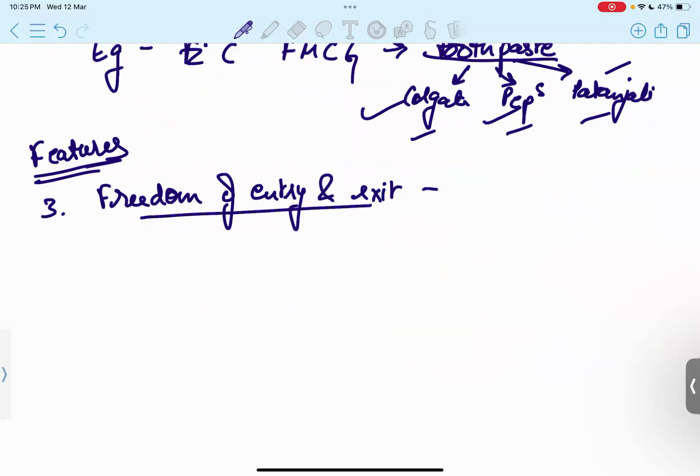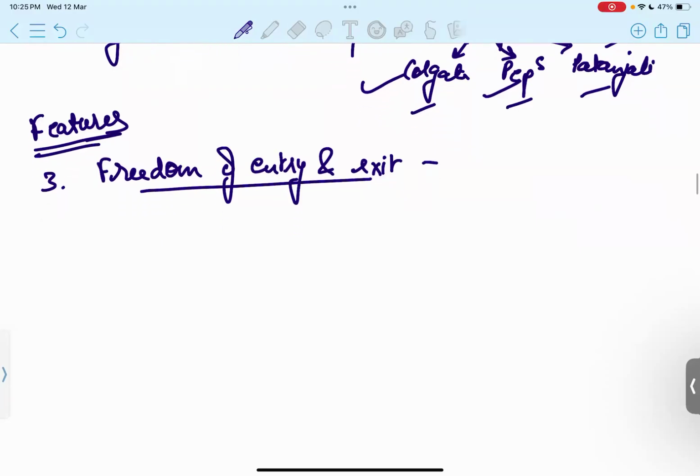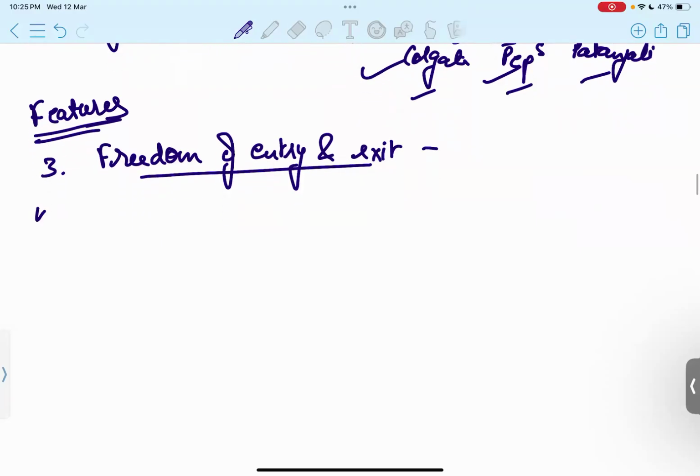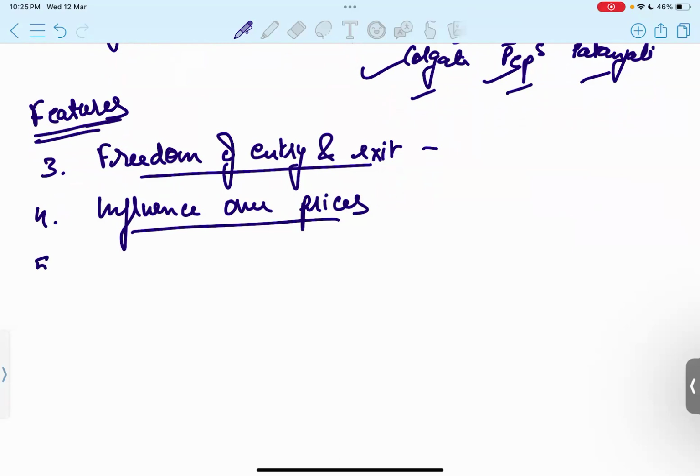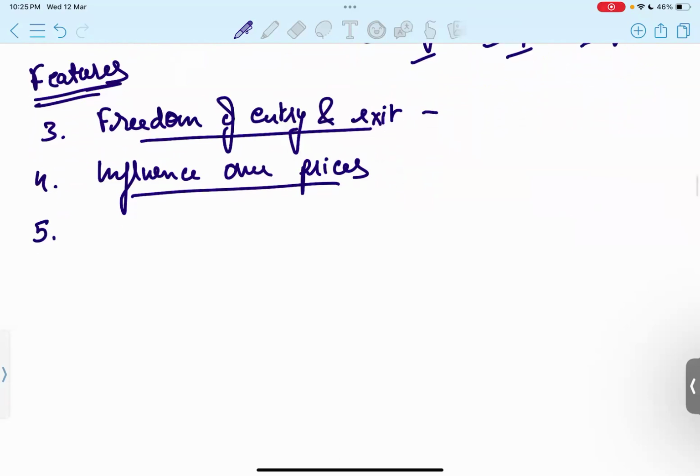Entry is relatively more difficult under monopolistic competition because of already well established brands, when compared with the freedom of entry under perfect competition. Then influence over prices is also more under the monopolistic market because of the differentiated goods which are being produced.